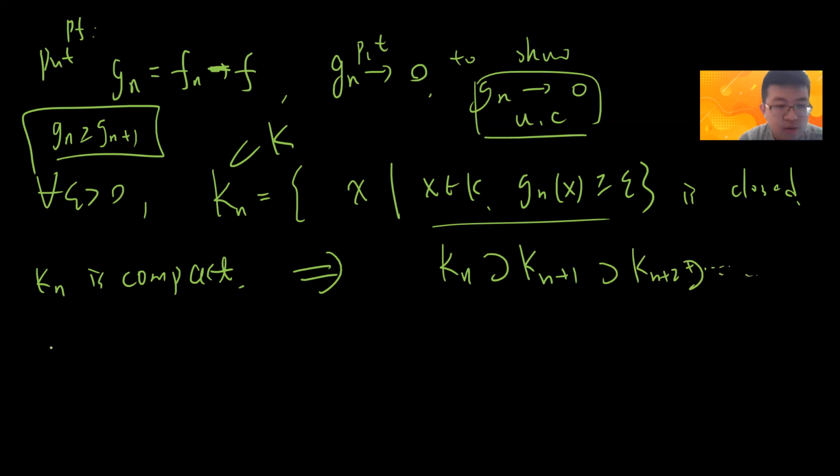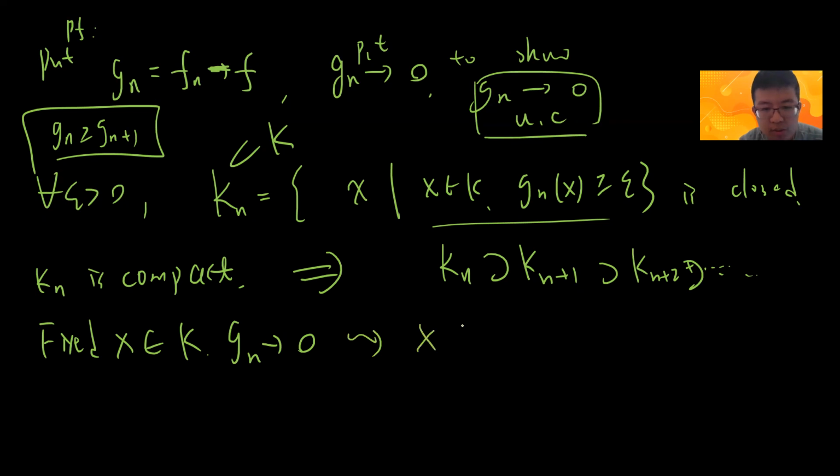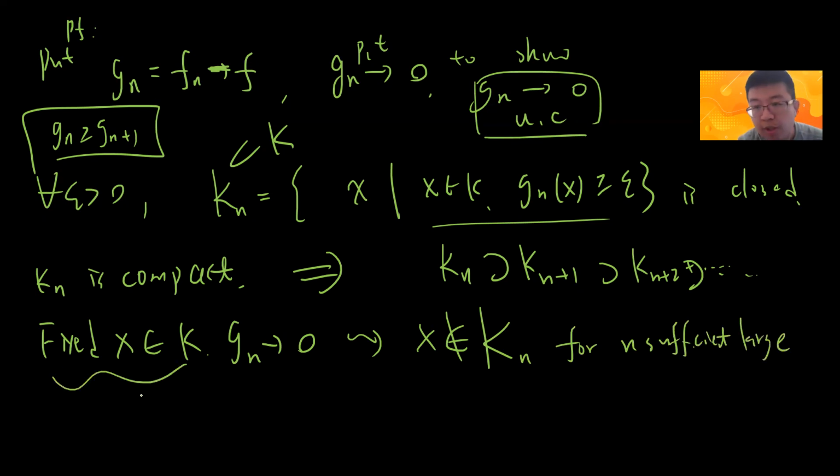Fix x belonging to K. I know that Gn goes to 0, right? So that means x will not belong to Kn for n sufficiently large. This is correct for all x.